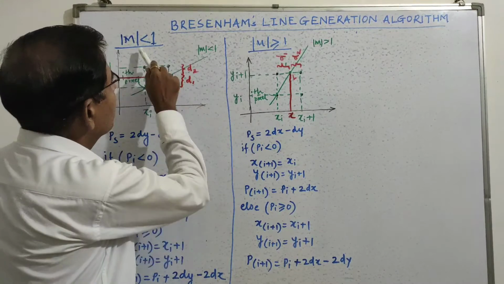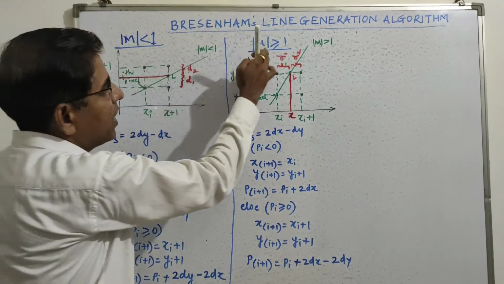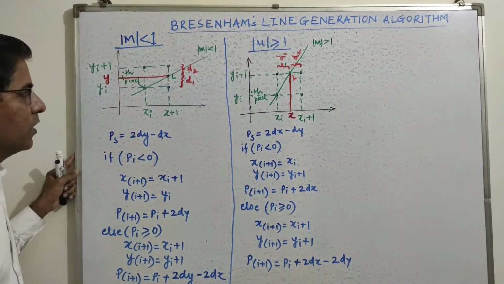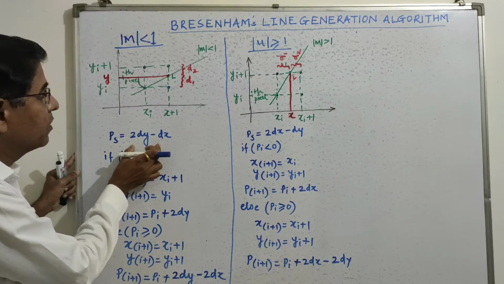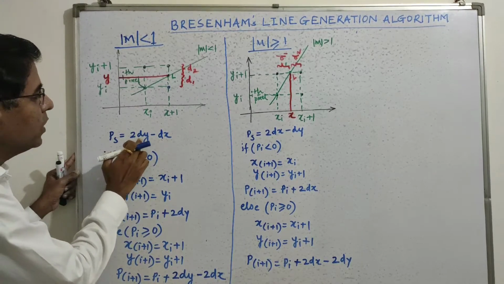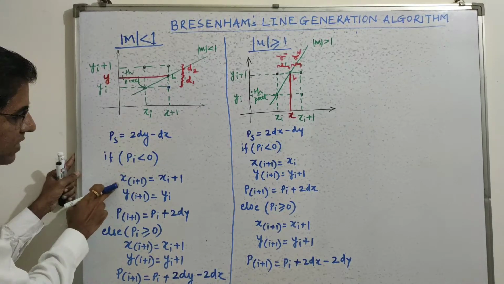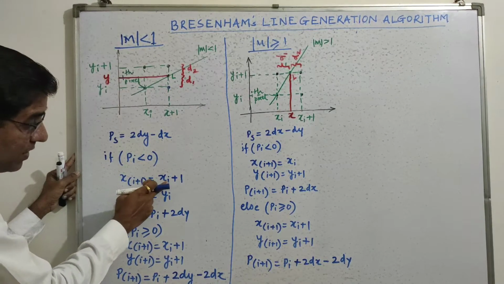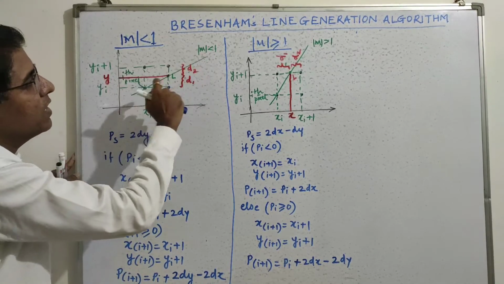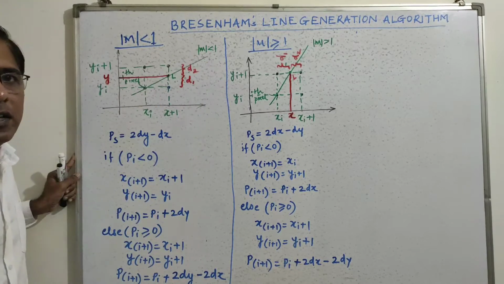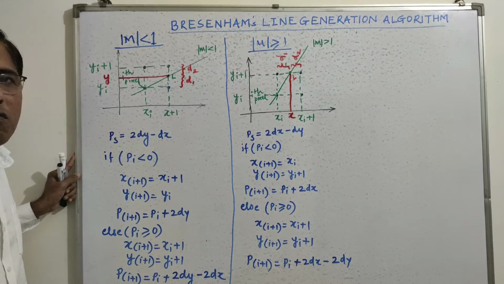Now we'll compare the Bresenham logic for slope less than 1 and for slope greater than or equal to 1. For slope less than 1, we have derived the start point decision parameter as 2 dy minus dx. If pi is less than 0, then xi plus 1 is equal to xi plus 1 and yi plus 1 is equal to yi. Here the slope is less than 1, that means the value of x is changing very fast as compared to the value of y.